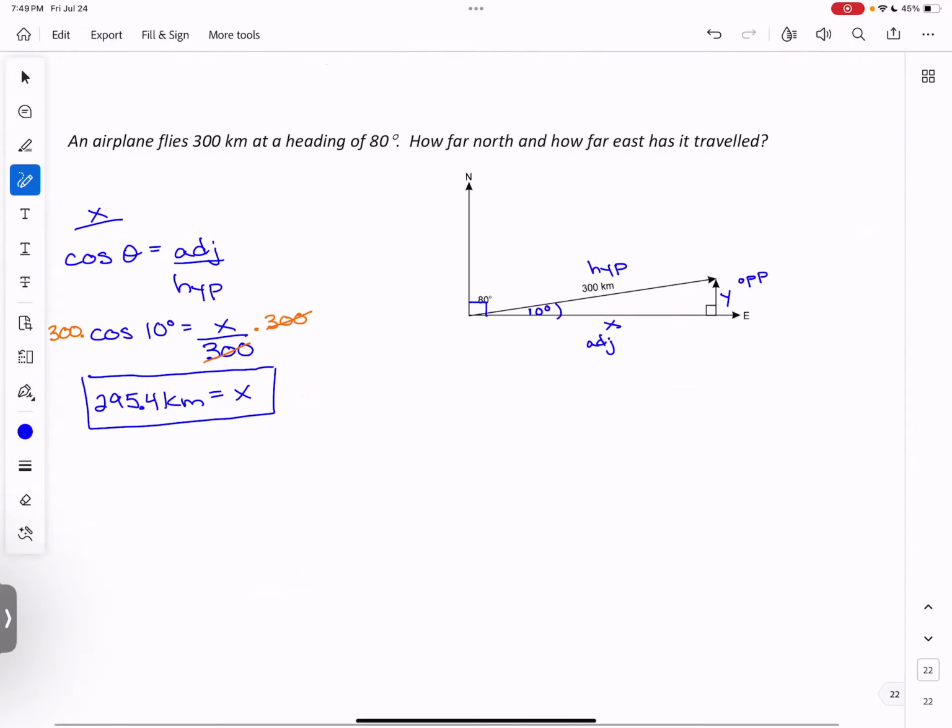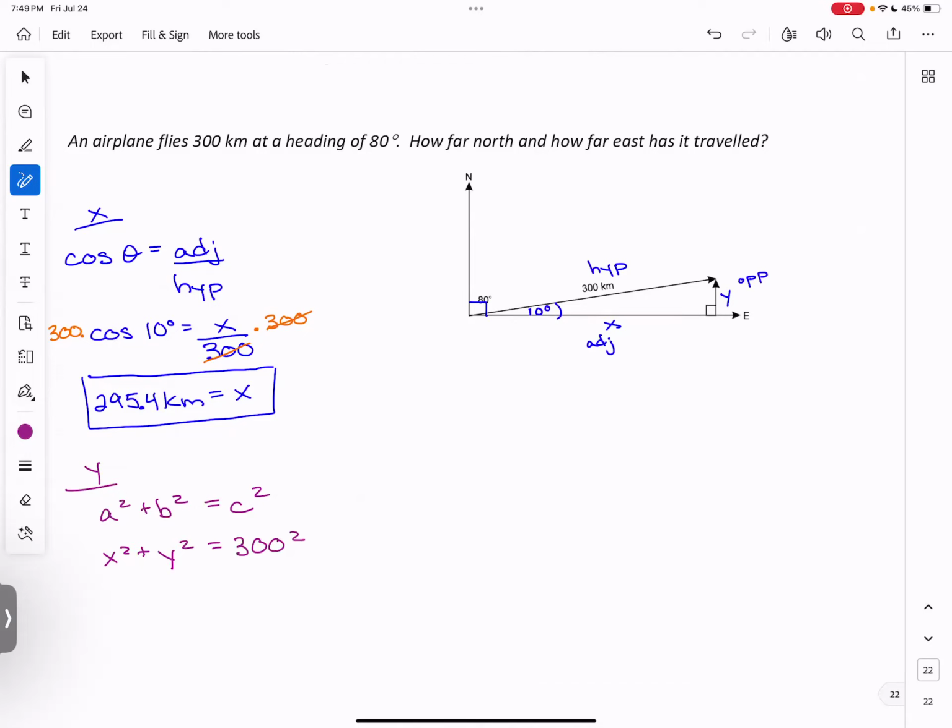Okay, now let's figure out y. To figure out y, I could either use sine ratio or I could use Pythagorean theorem. I'm going to use Pythagorean theorem. So I know the two legs of the triangle, which we typically call a and b, squared and added, are equal to the hypotenuse c squared. So in this case then, x squared plus y squared equals my hypotenuse, so 300 squared.